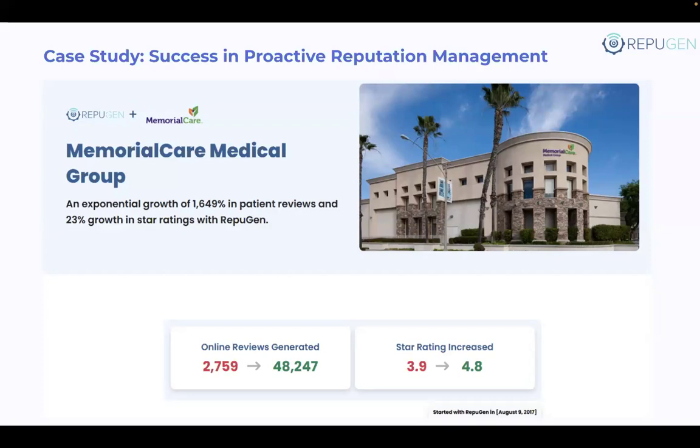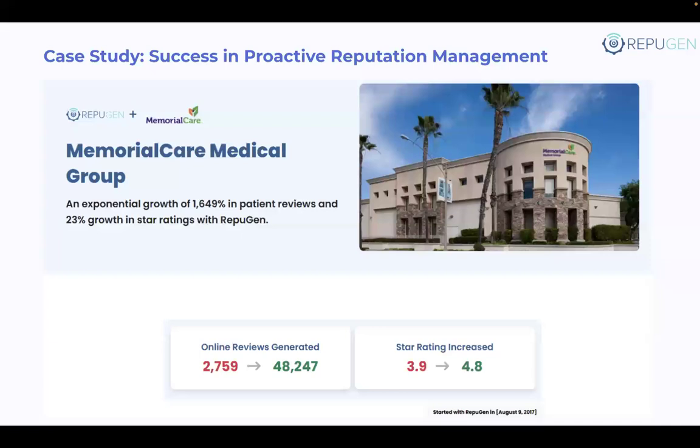As a result, they experienced about a 1,600% growth in patient reviews, as well as a 23% star rating growth as well. And then the number of online reviews specifically grew from 2,700 to over 48,000. And then their star rating increased from a 3.9 star rating to a 4.8.